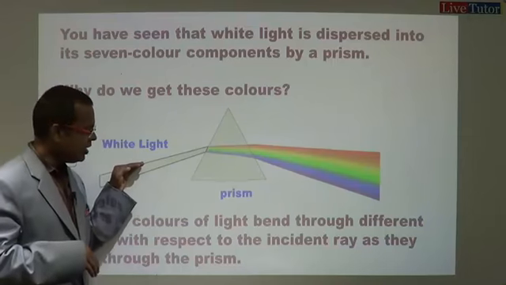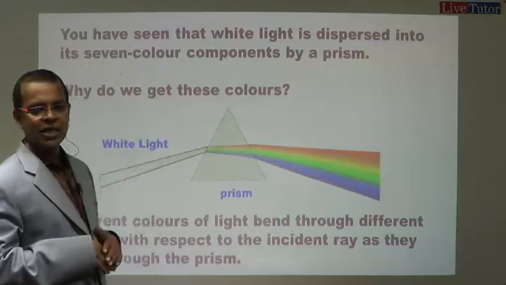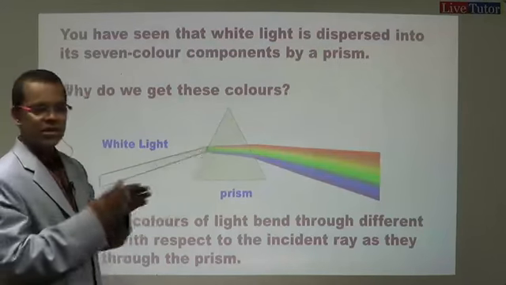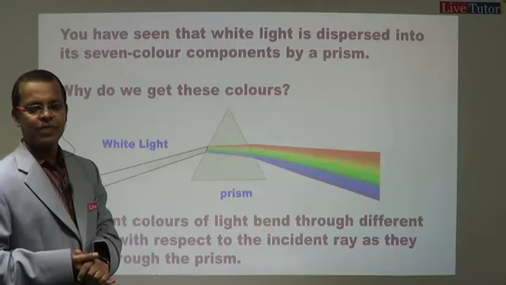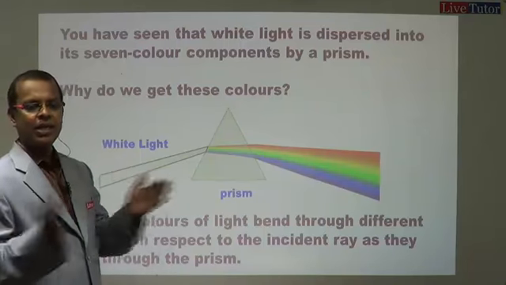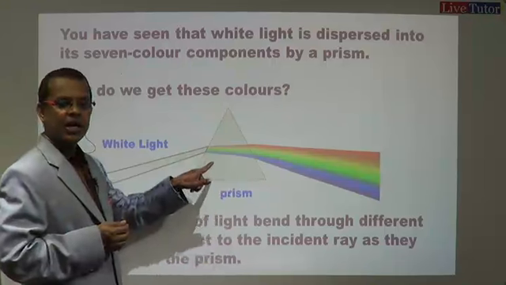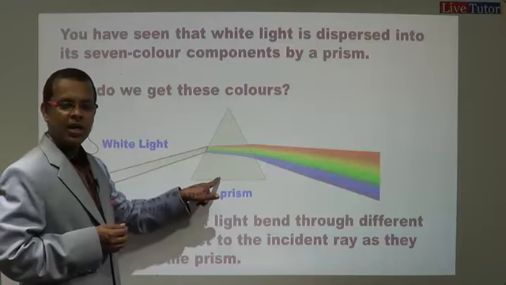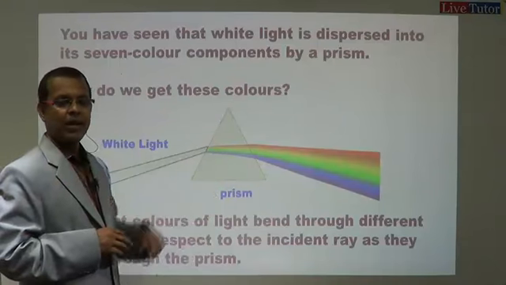When they are entering from a rarer medium to a denser medium, since it has got 7 colors, all these 7 colors will travel with a different speed, isn't it? So that means they will be deviating through different angles. They will bend because refraction is taking place. Refraction is nothing but the deviation of light from its path, isn't it?